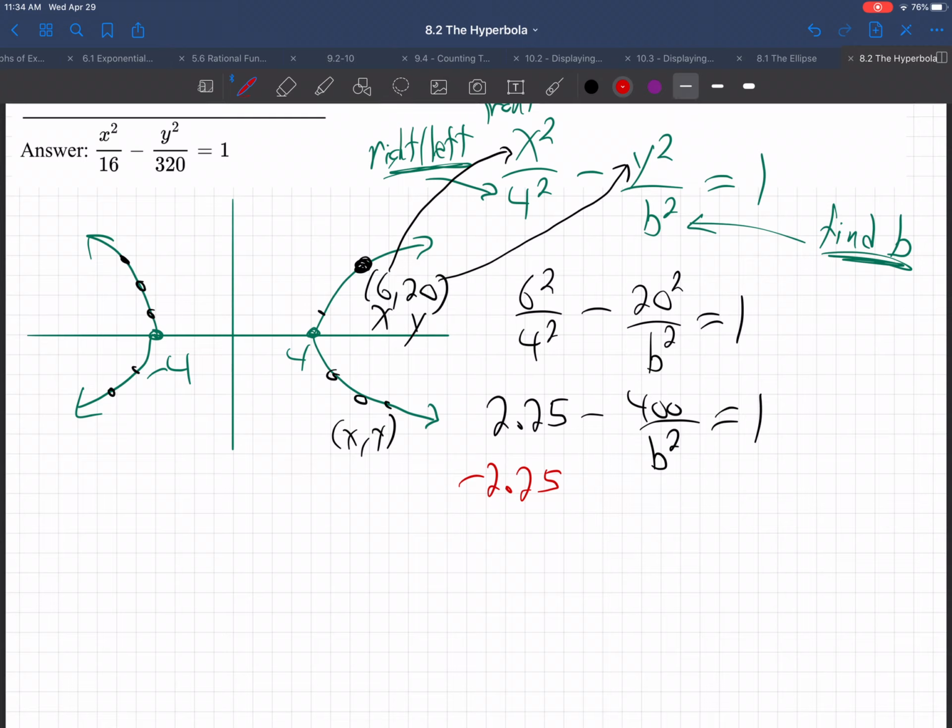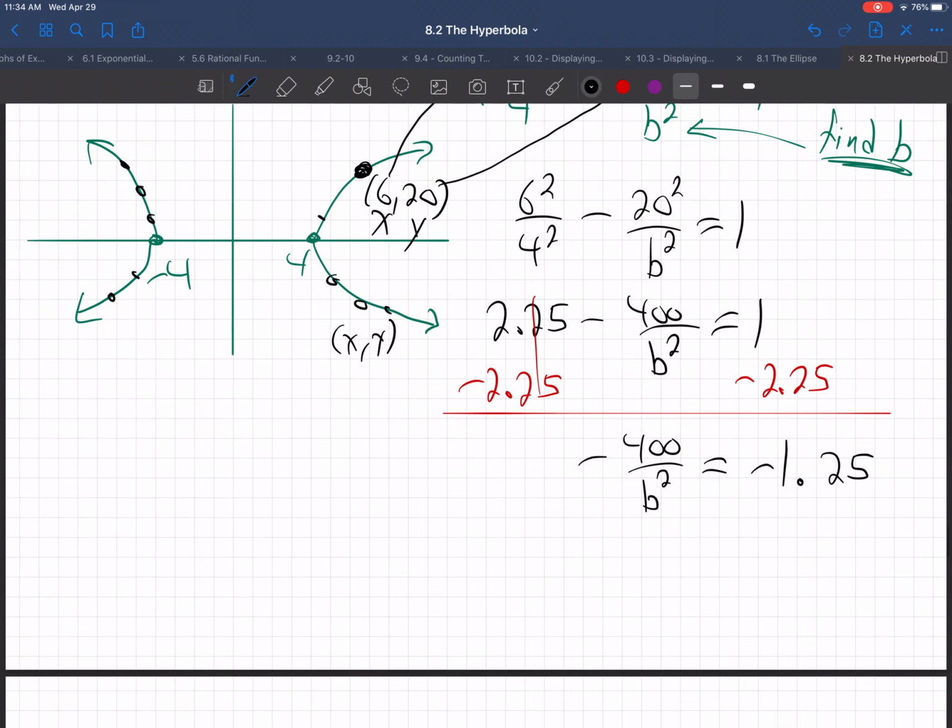Subtract 2.25 from both sides. And then this will cancel, and so we get negative 400 over b squared equals negative 1.25.